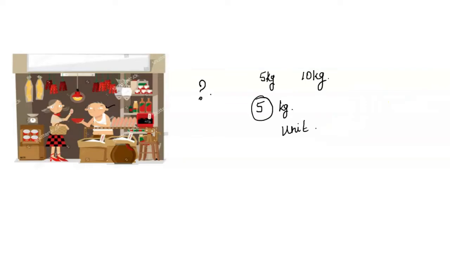Similarly, when you buy some milk, imagine you are buying some milk in the market, how are you going to buy? Similar to rice, whether you ask for 5 kgs of milk, that is completely wrong, right? Is it 1 kg?